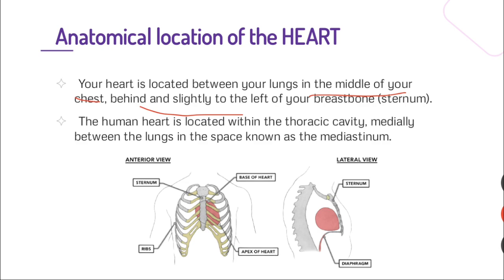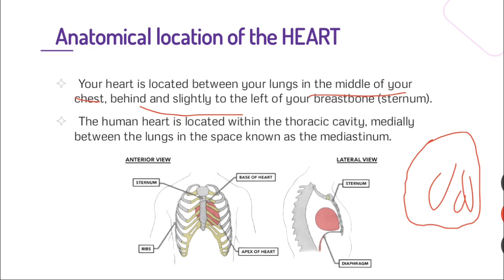The human heart is located within the thoracic cavity, the cavity in which your lungs are enclosed. The thoracic cavity is formed by ribs, sternum, and vertebral column. In this thoracic cavity you have your lungs, and in between your lungs you have your heart, and that space in between the lungs is called the mediastinum.